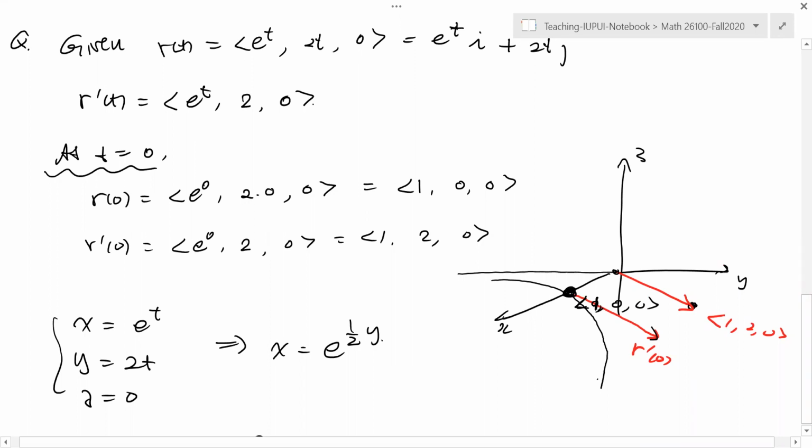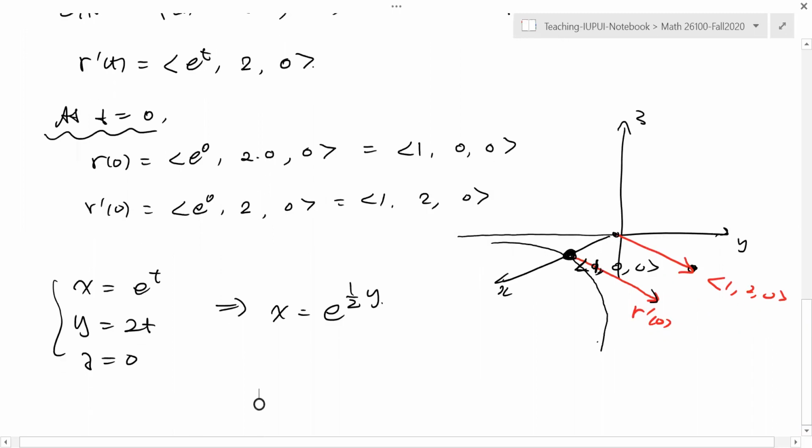So we are asked to find the position of the point when t equals 0. And if it's a moving object, then find the velocity vector, okay? If it's just a curve, we use this vector equation to find the tangent vector. Okay?